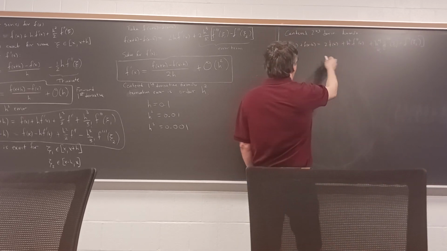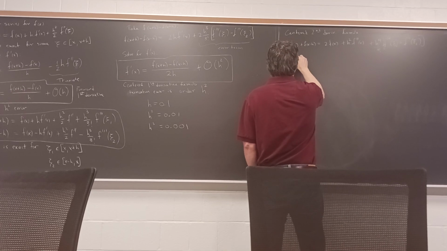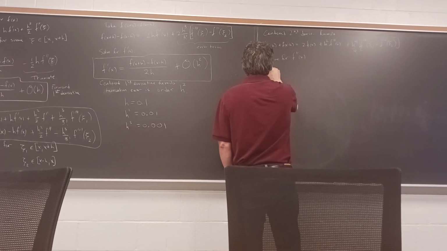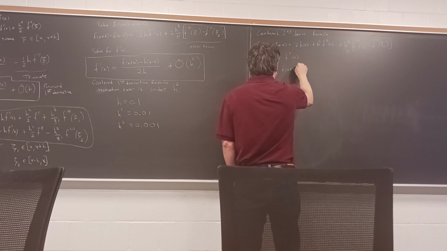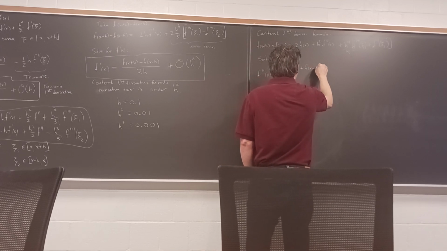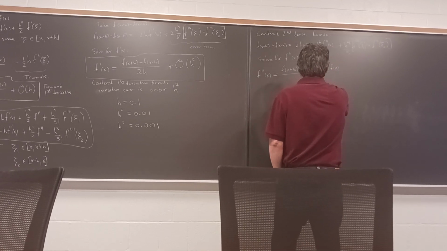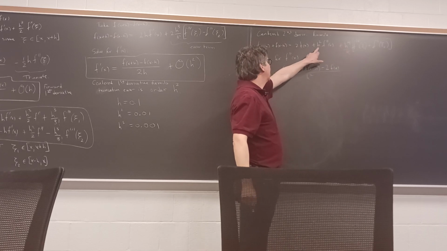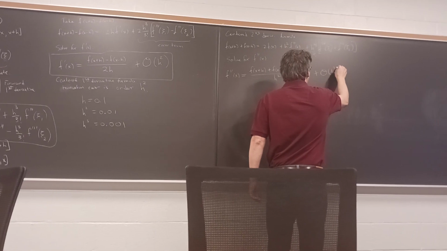Okay, so now when we solve for f double prime, we'll get f double prime is f at x plus h plus f at x minus h minus twice f at x, divided by h squared. And then because this is an h to the fourth, when we divide by h squared, we'll again get something that's plus order h squared.